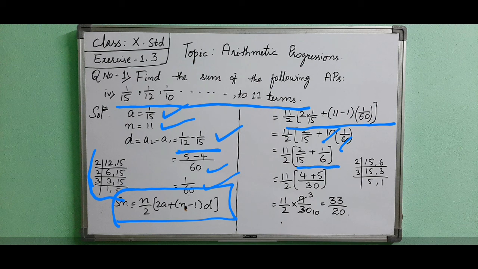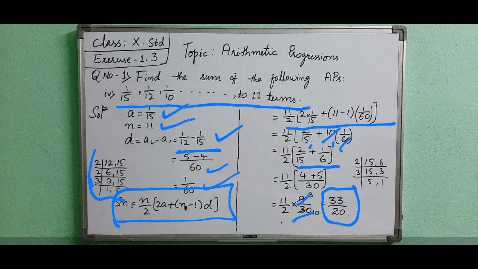So with the LCM 30, in fractional form we multiply by 2 here, and by 5 here, because in the table of 6, 30 comes for 5. 4 plus 5 is 9, so 9 by 30. 3 threes are 9, 3 tens are 30. 11 into 3 is 33, 2 into 10 is 20.